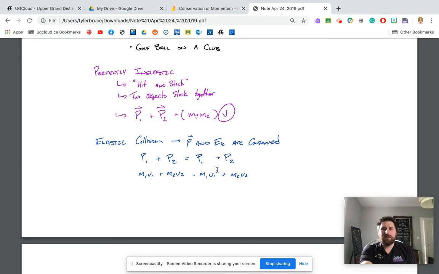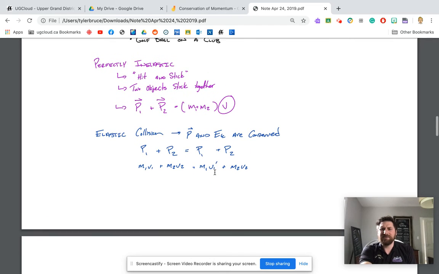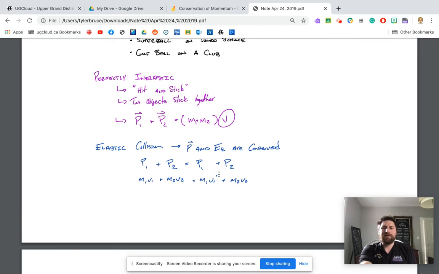You'll see in calculus, I think you guys have gotten to this point, this little dash that's on here, and there's one that should be right here, means prime. It's just another type of notation we're going to use to denote after the collision has happened.